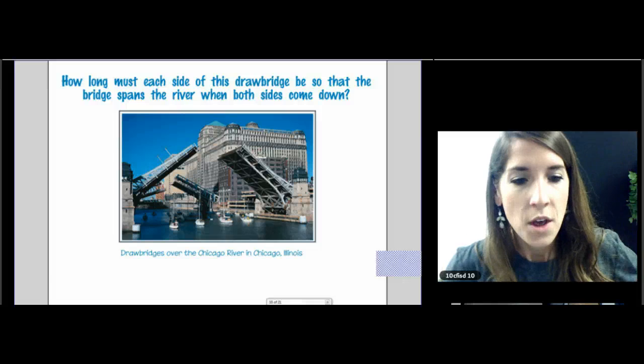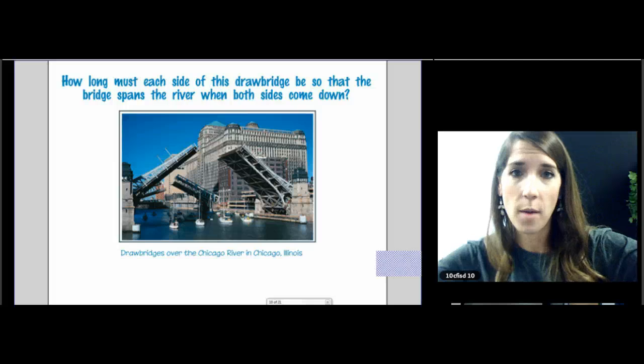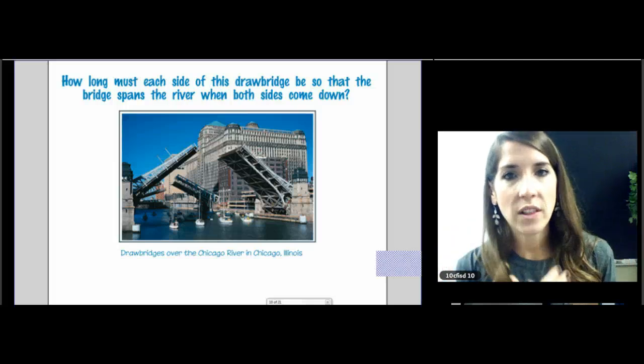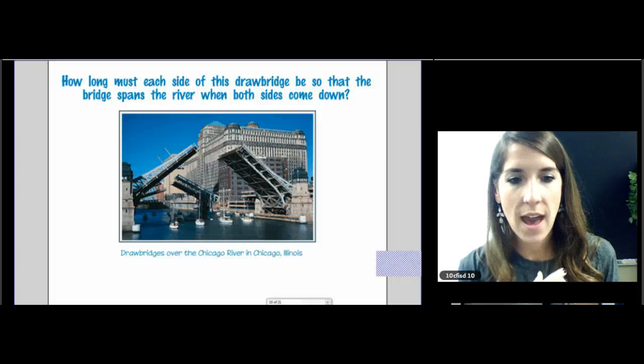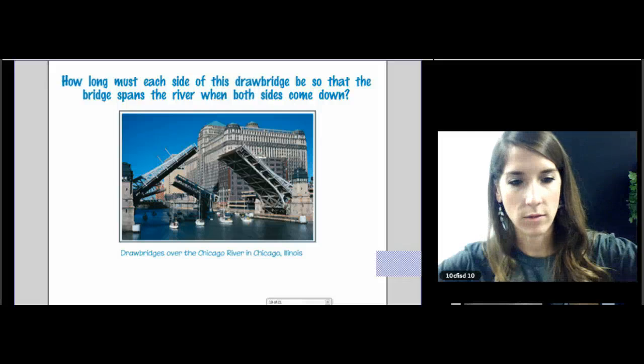So anyways, when the ships pass through that are too tall, right, they have to open the drawbridge and close it again. What needs to be true about the lengths of the drawbridge so that the bridge will span the river when the bridges go down?